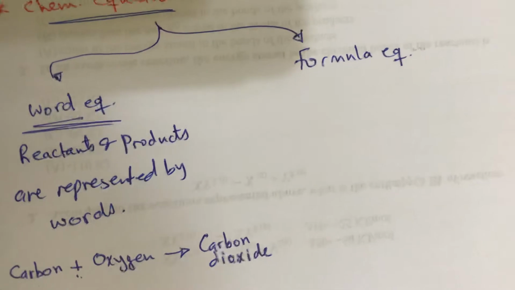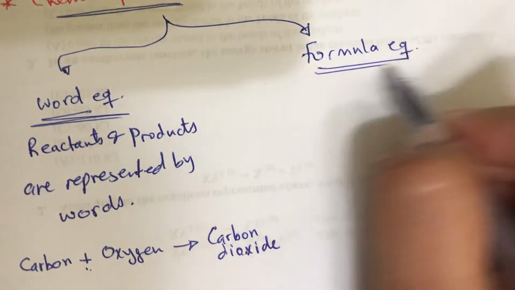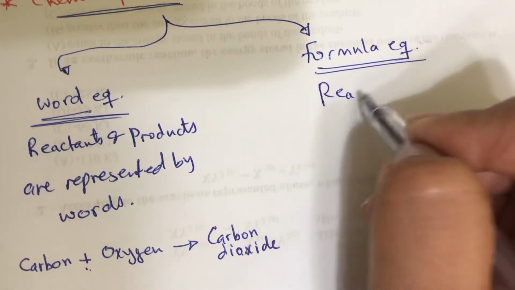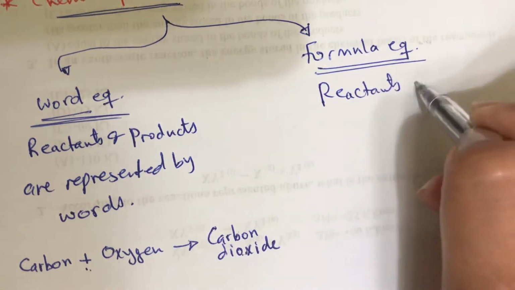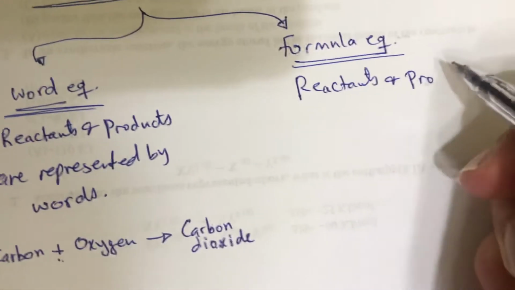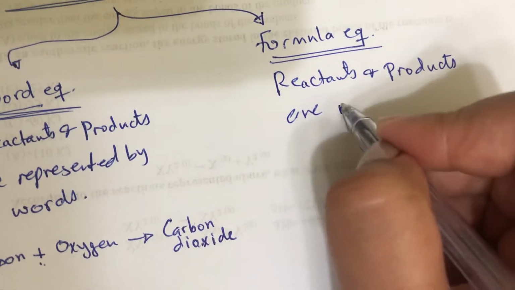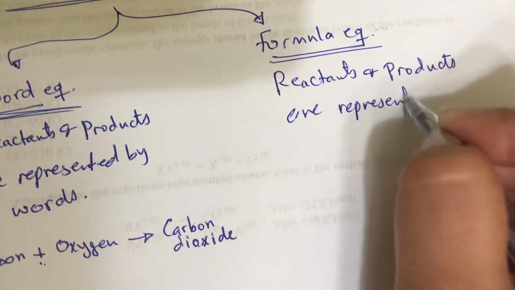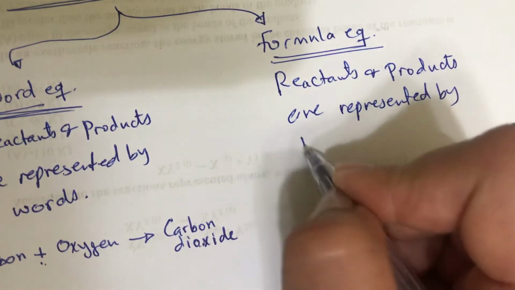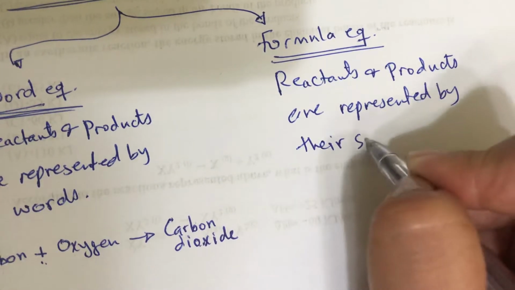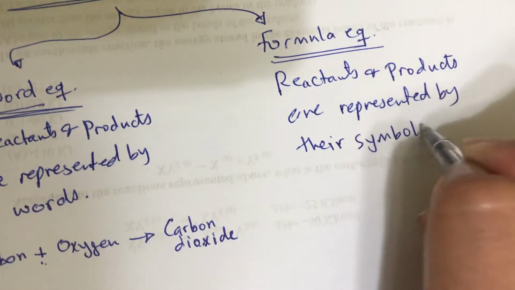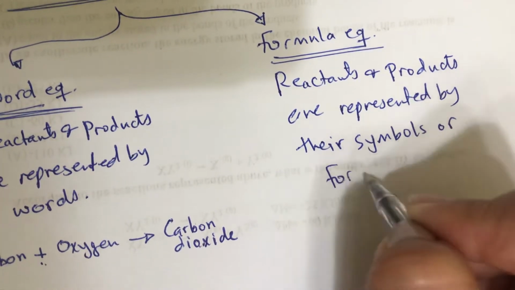Now what about formula equation? In this case, reactants and products are represented by their symbols or formulas.